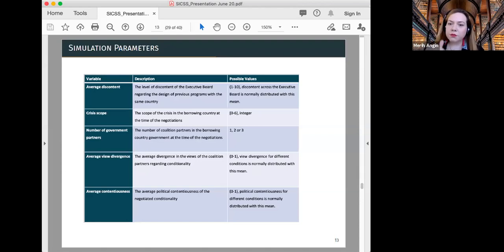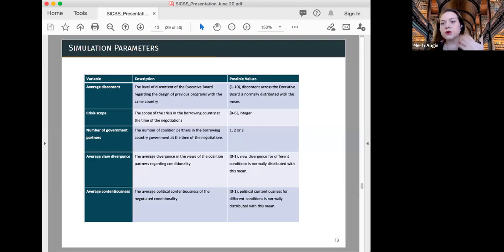So while the borrowing government is modeled as a collective agent in the negotiations with country bureaucrats, in the case of coalition governments, the preferences regarding conditionality are integrated as an average of the individual preferences of the coalition partners. So the preferences of the government regarding the inclusion of specific conditionality are shaped, therefore, by the political contentiousness of the conditionality.